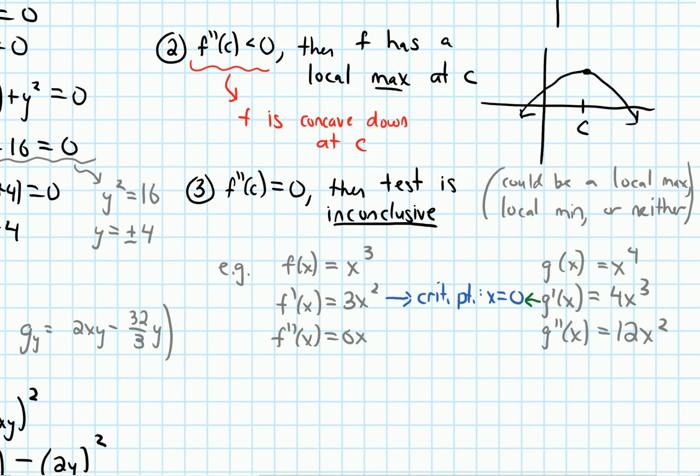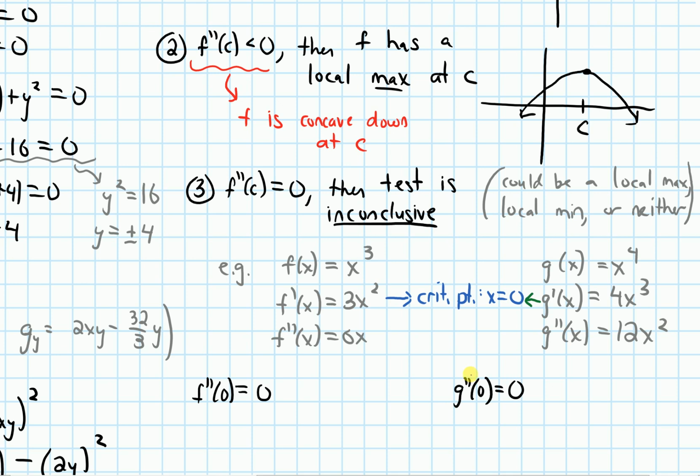Now let's see what we get if we plug that critical point into the second derivatives. If I plug the critical point 0 into the second derivative of f, I get 6 times 0, which is 0. If I plug the critical point into the second derivative of g, I get 12 times 0 squared, which is just 0 as well.